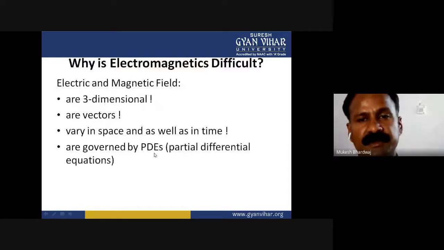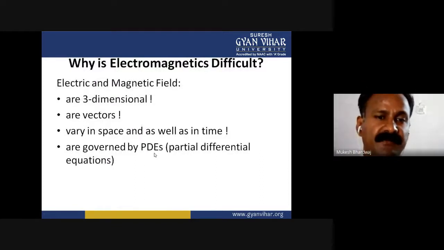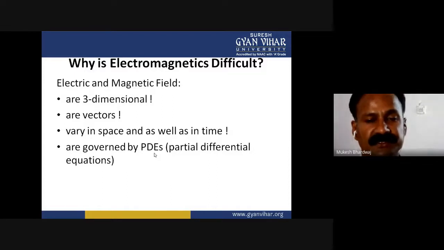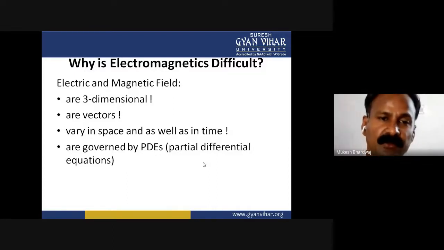Why is electromagnetics difficult? Electric and magnetic fields are three-dimensional, are vectors, vary in space as well as in time, and are governed by partial differential equations.